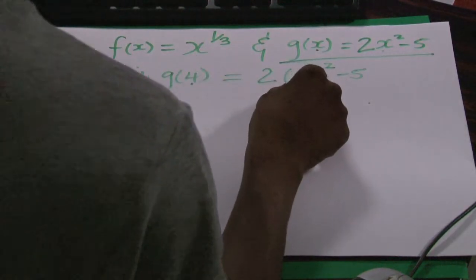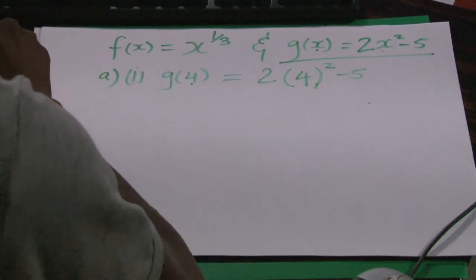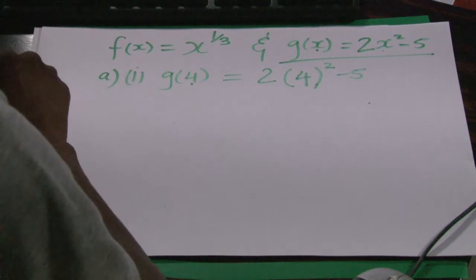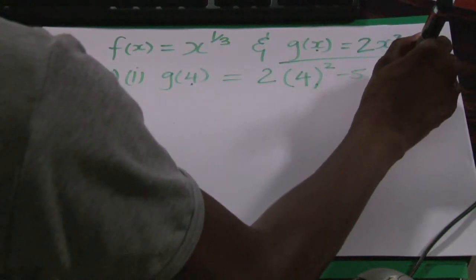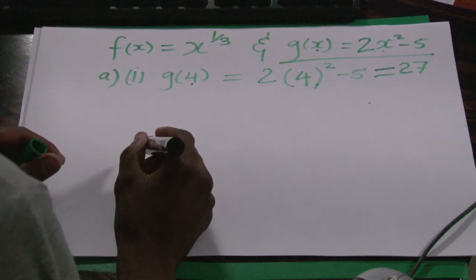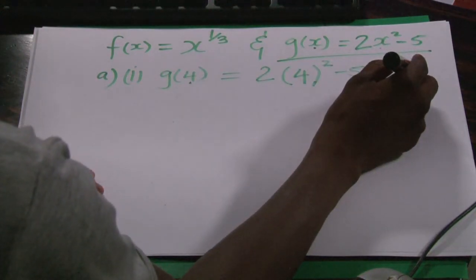Now this is 16 multiplied by 2 is 32, minus 5 gives us 27. So g of 4 is equal to 27.